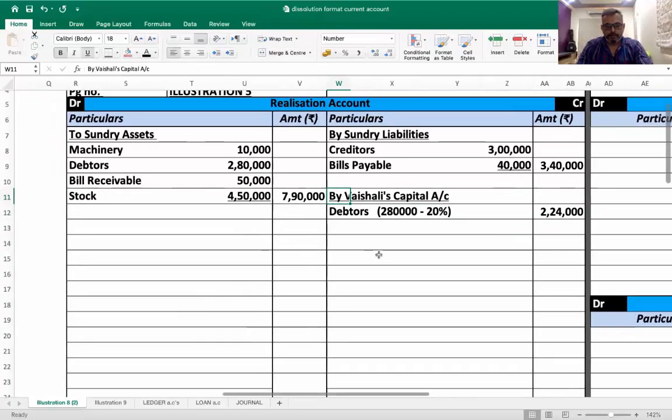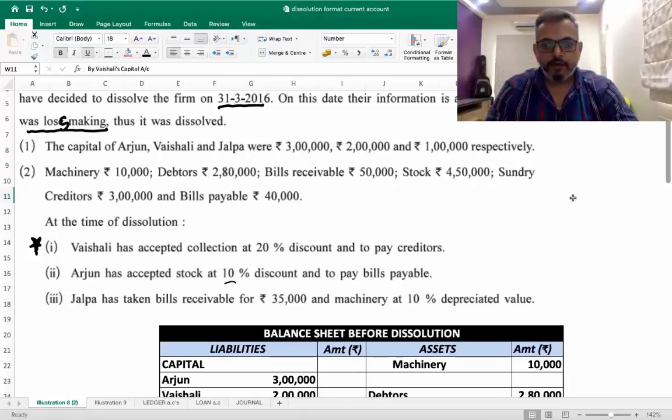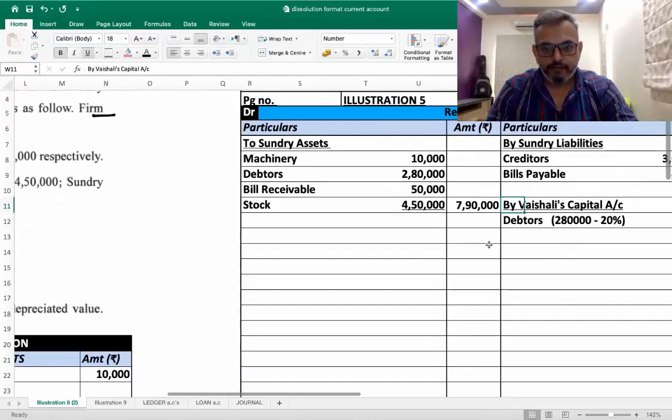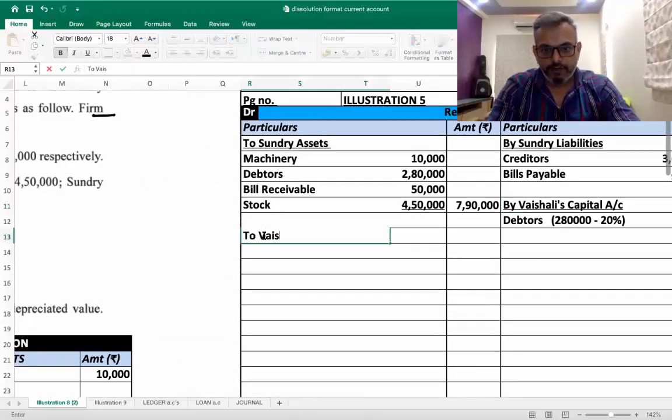Underline this. Now, Vaishali has accepted collection, यानी debtors at 20% discount and to pay creditors, और creditors को pay किया उसने. So creditors को भी take over किया. So to Vaishali's capital account.